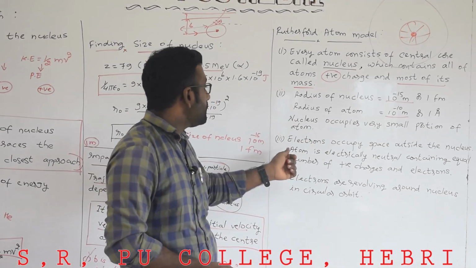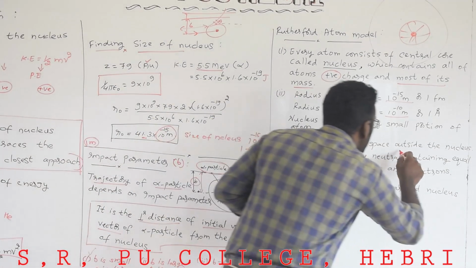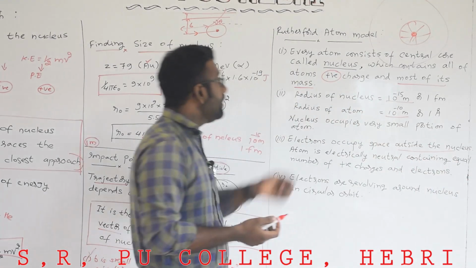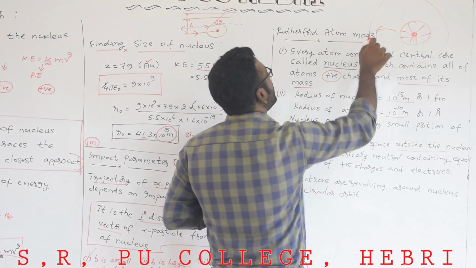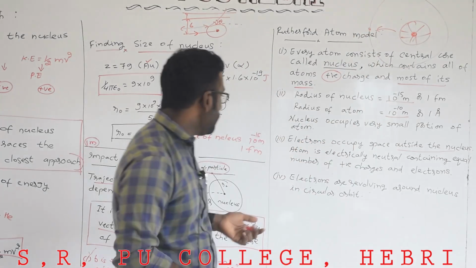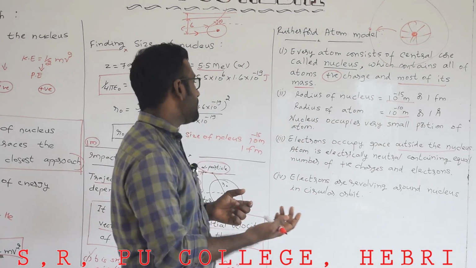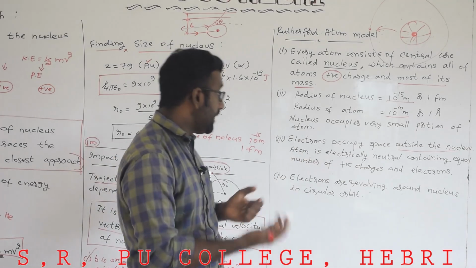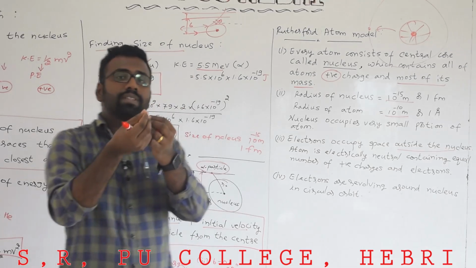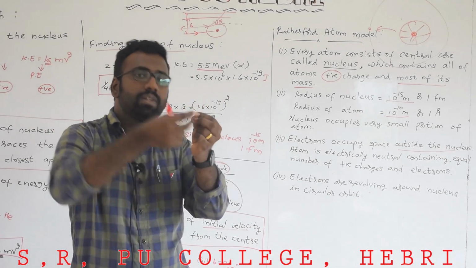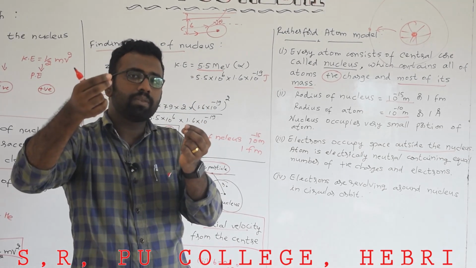Electrons occupy space outside the nucleus. Rutherford says electrons don't come over here. Electrons are outside the nucleus, and they revolve around it in circular paths. So the atom is electrically neutral. Why? Because the nucleus contains positive charges and the electrons are negative charges.